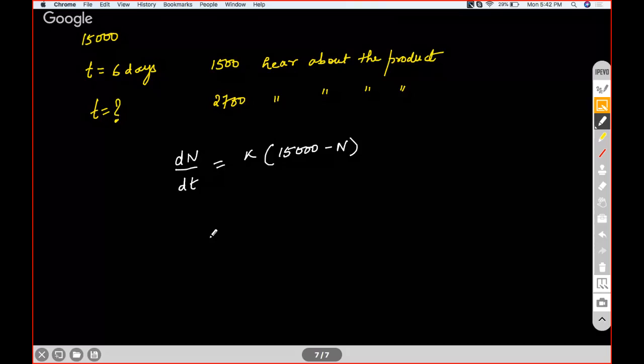So the number of people in the community remains the same, right? It's the same community. 15,000 is fixed.